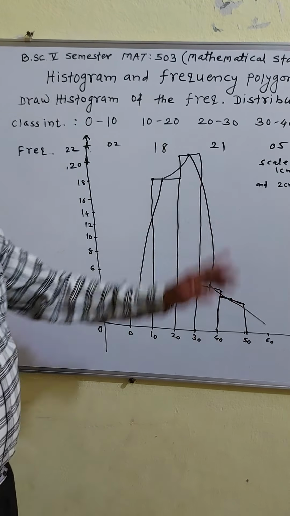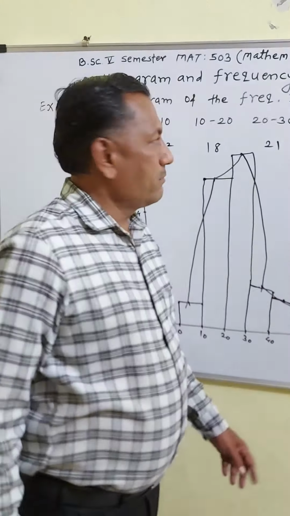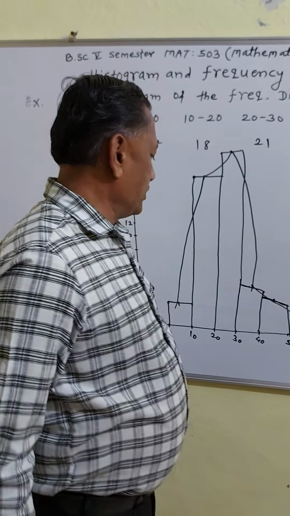So this polygon is called the frequency polygon in case of continuous frequency distribution.